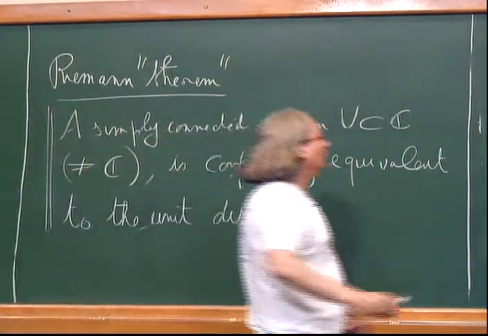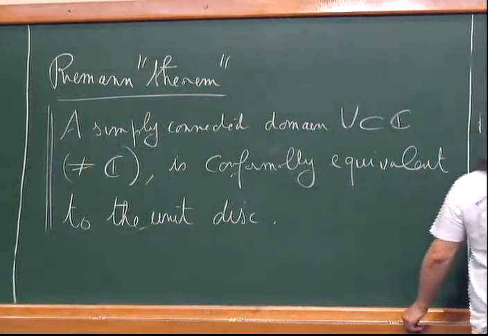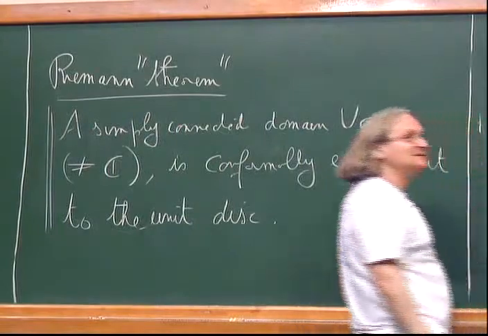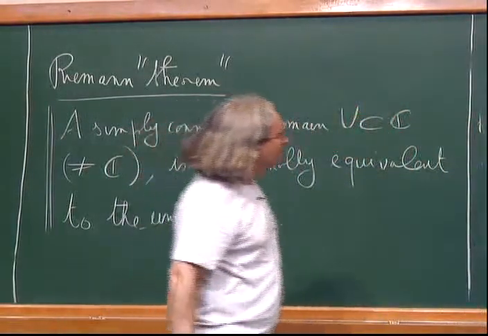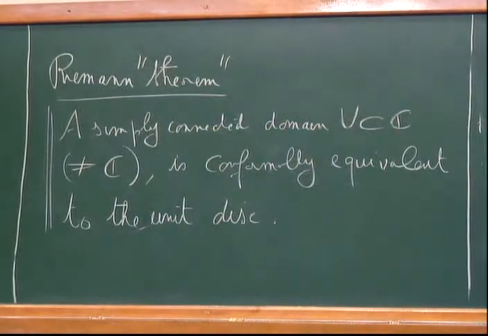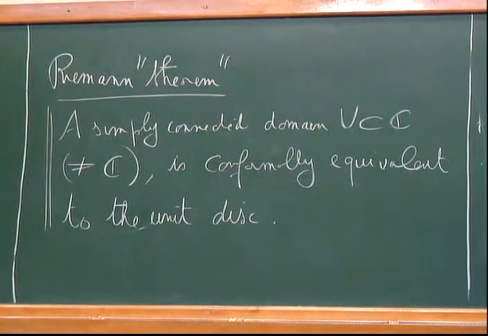So you're given some domain in the plane, U, you assume it's simply connected, and the goal is to find a holomorphic map, a conformal map, to the unit disk.